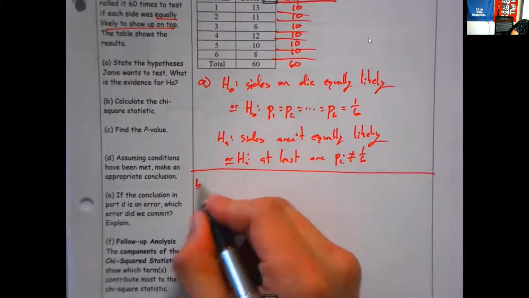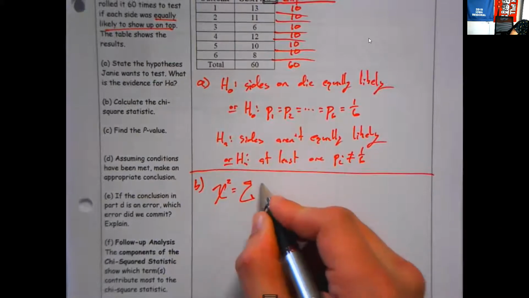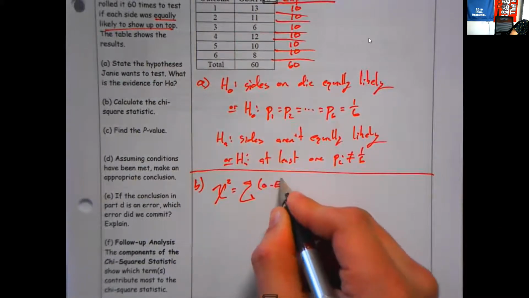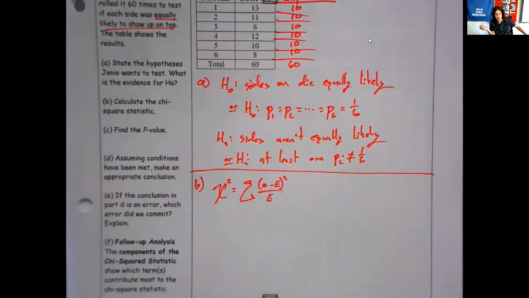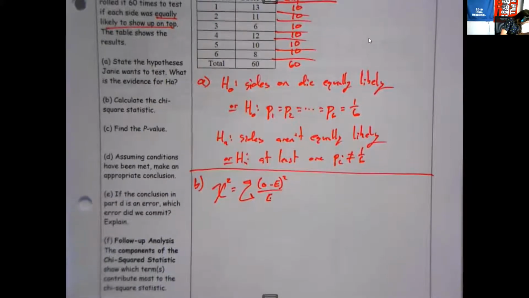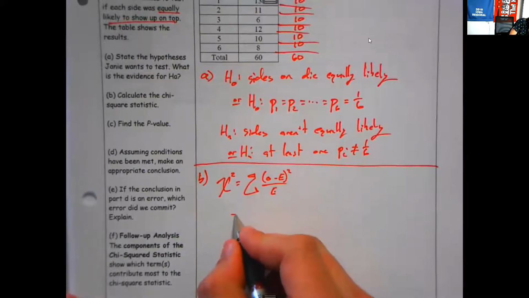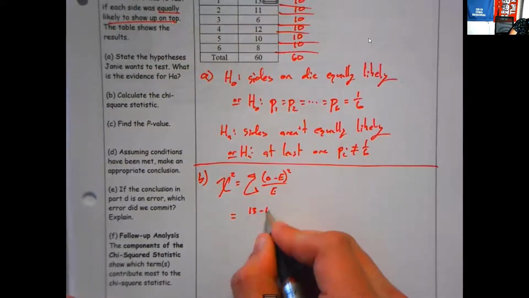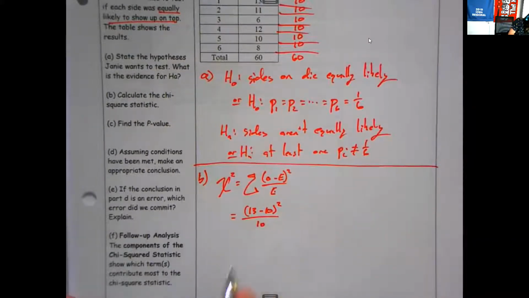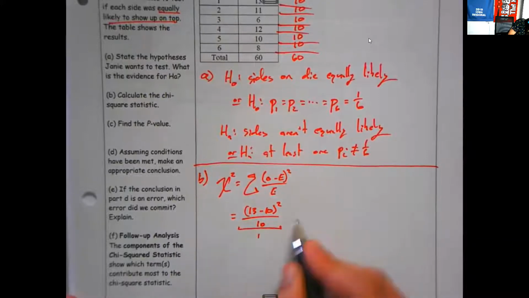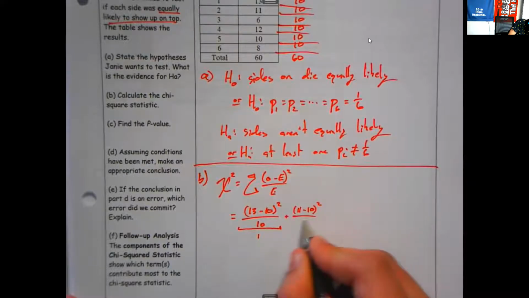So part B here, chi-square is the sum of the observed minus expected squared over expected. These are all going to be over 10, which is kind of nice. So this is going to be 13 minus 10 squared over 10. That's for 1. We have 11 minus 10 squared over 10.